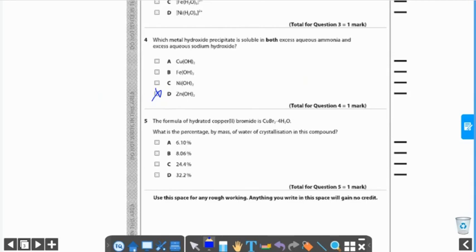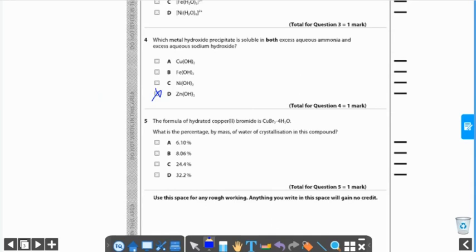The formula of hydrated copper 2 bromide is given. What is the percentage by mass of water of crystallization in this compound? What you need to do is find the molar mass of the whole complex, then the molar mass of 4 water molecules.